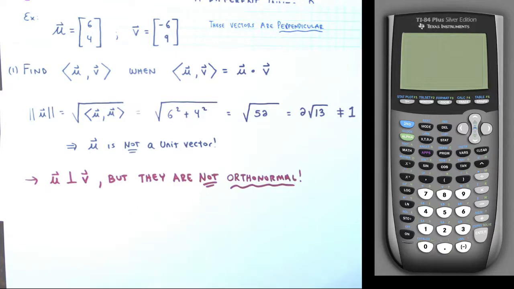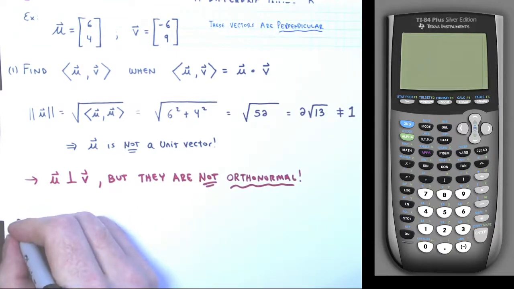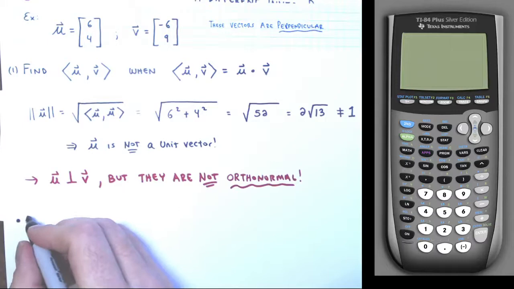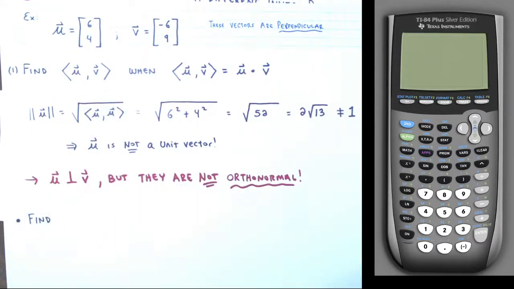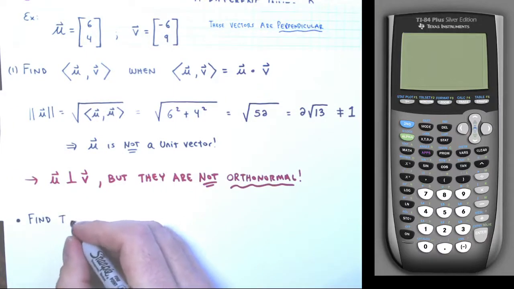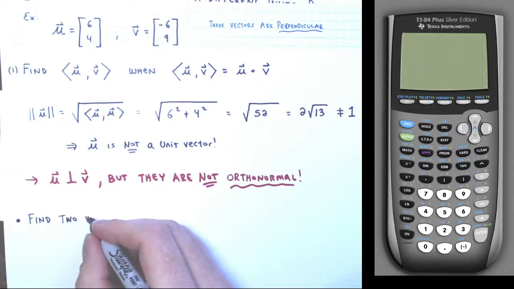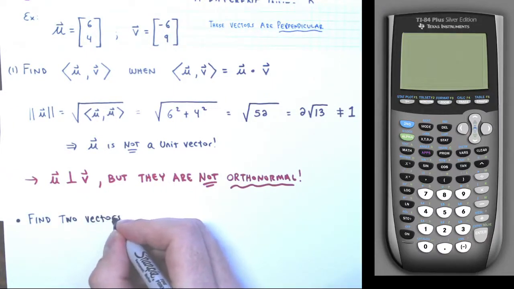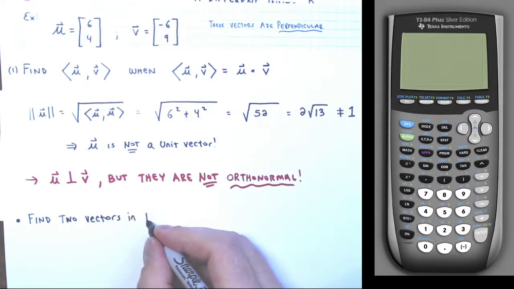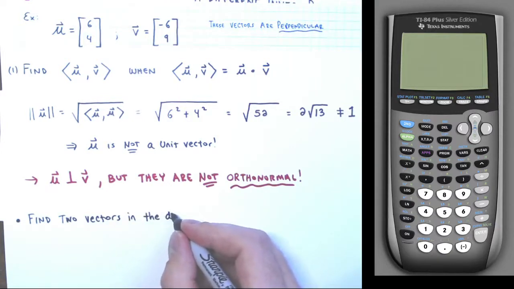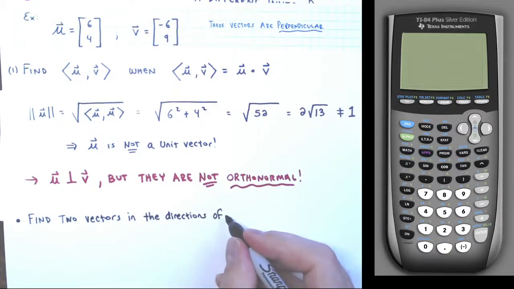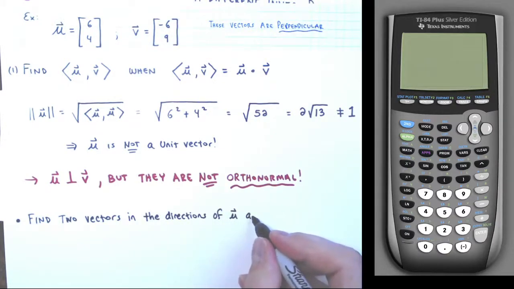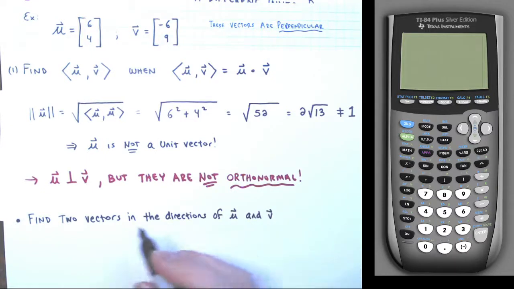Since they're not orthonormal, what if I said instead, let's find two vectors in the directions of u and v that are orthonormal?